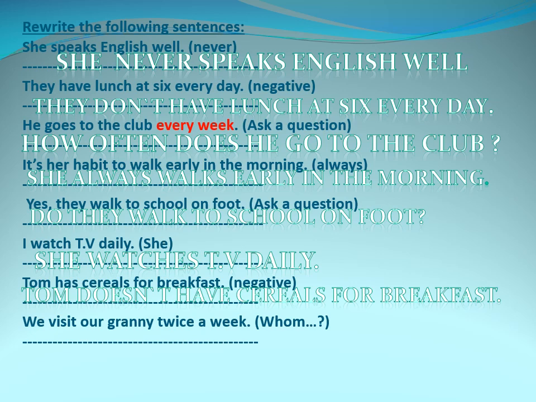So I'll say here whom first, and then I put do because I have visit here and we. So whom do. We should be changed in the question to be what? Like I, it should change in the question to be you. I and we in the question will be you. So whom do you visit twice a week?